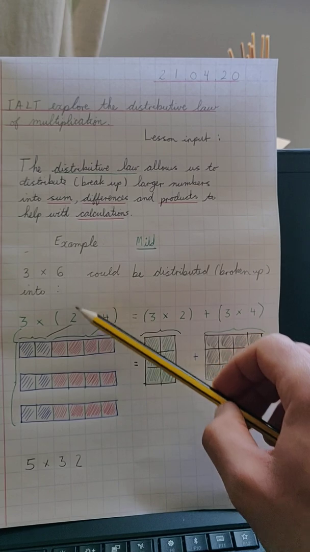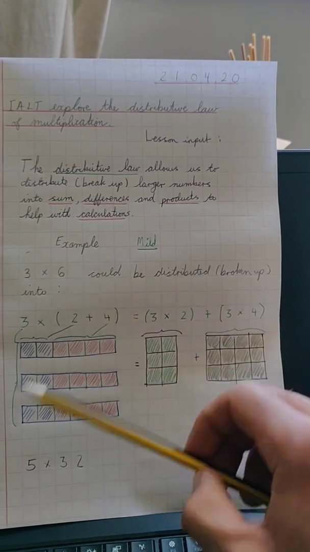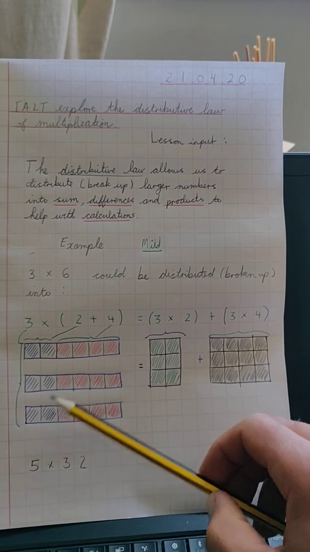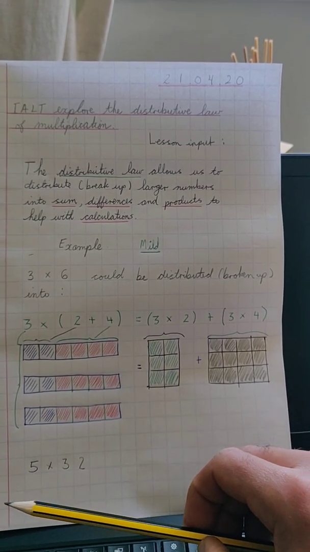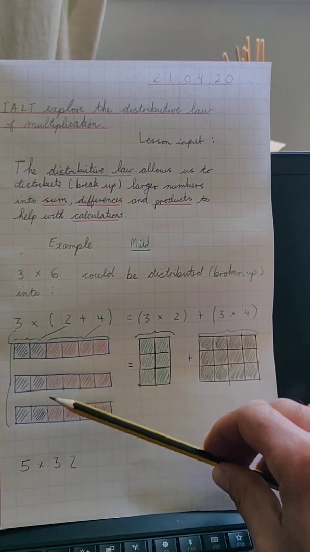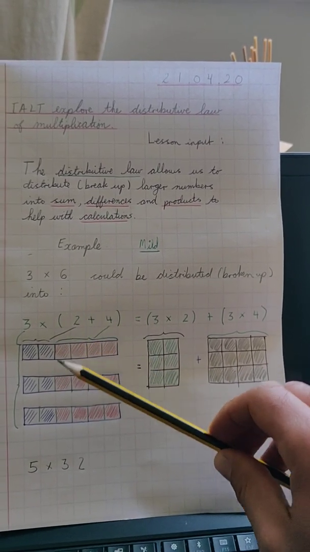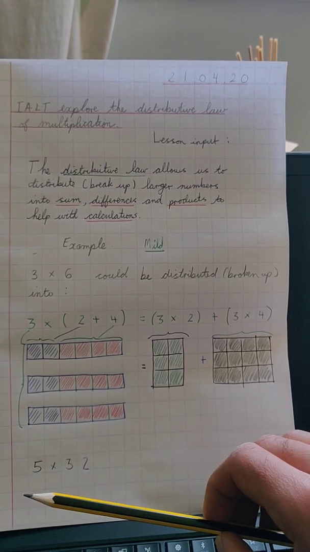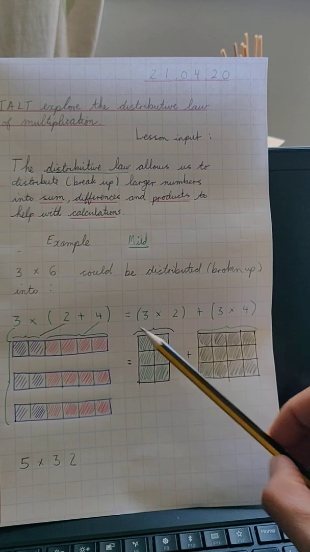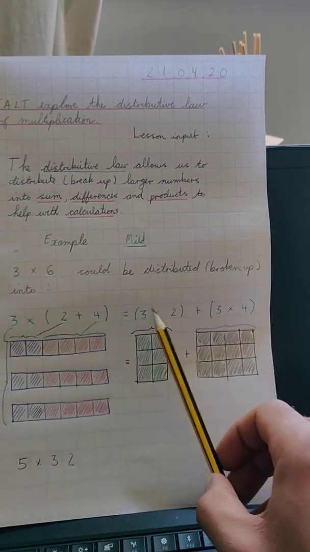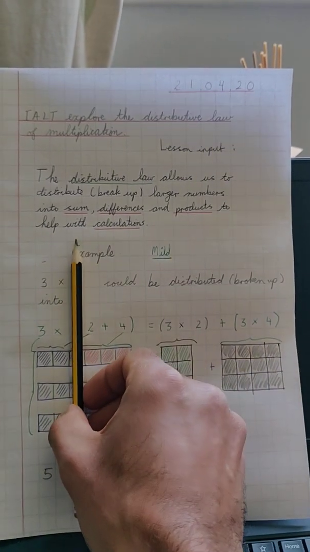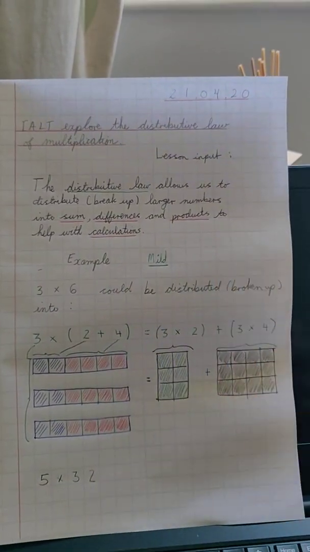So I have broken up my 6, or distributed it into 2 plus 4, just to make my calculation easier. You may not see it quite yet because the numbers are quite simple, but when we get to larger numbers, you will see how this actually does help. Then this is the same as, basically, that's what the equal sign means. So what I have here has the same value as what I have over here.